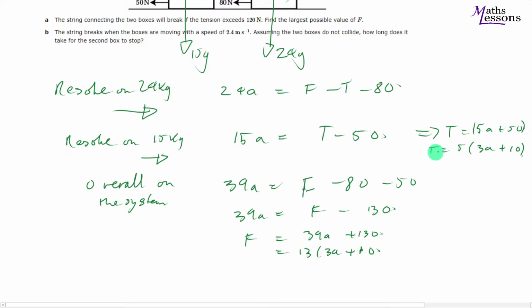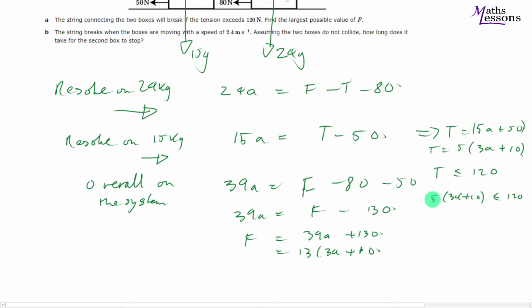Now we know that T must be less than or equal to 120, otherwise it's going to break. So therefore 5 open brackets 3A plus 10 is less than or equal to 120.